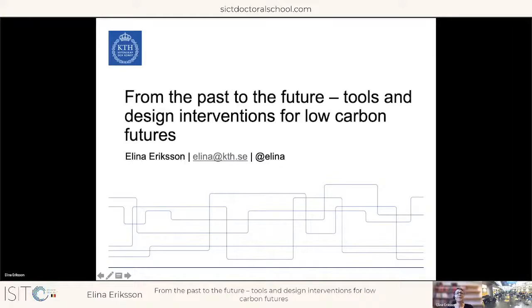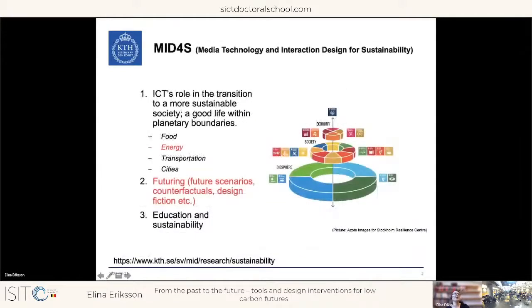And I'm going to situate myself a bit more before I start talking. So I am part of this research group called Mid4S, which is a lousy name because it doesn't tell you anything: media technology and interaction design for sustainability. And I'm actually the team leader of this research group together with Daniel Pargman, who actually Kelly Widdix mentioned in her previous presentation. And we have this slide where we present our group.